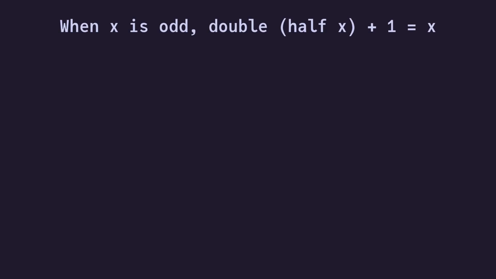Now let us do a couple of odd lemmas. When x is odd, suc of double of half of x is what we get when we get x back. That is, given a witness of oddness of x, suc of double of half of x is the same as x.